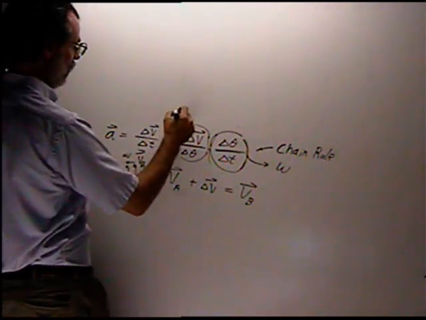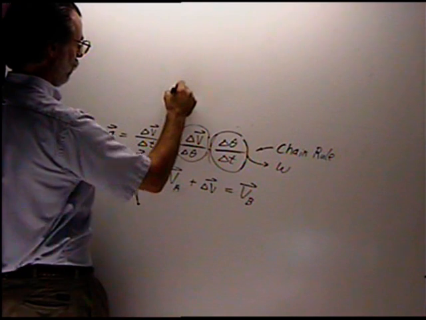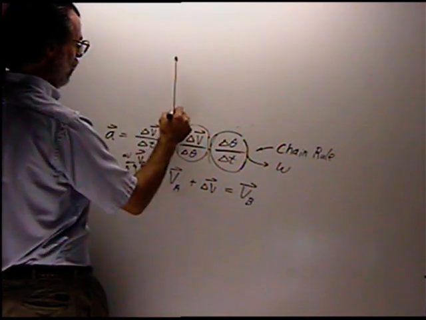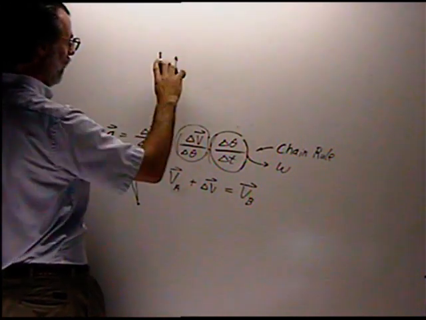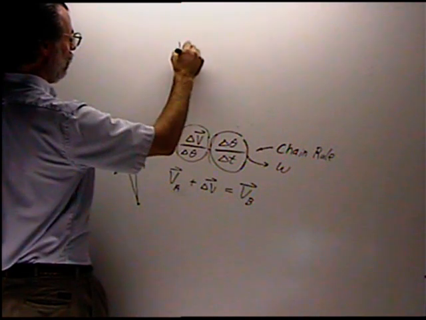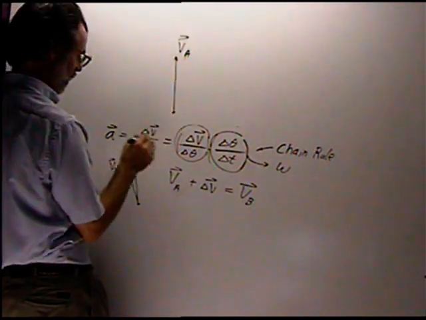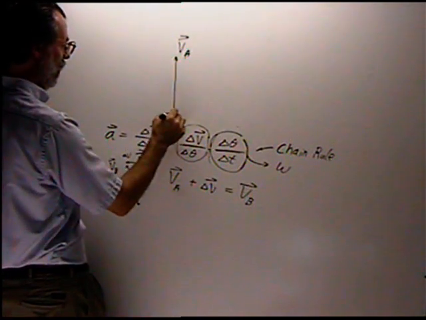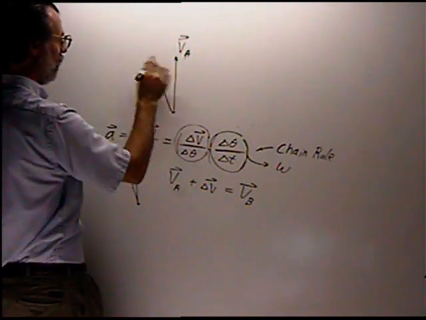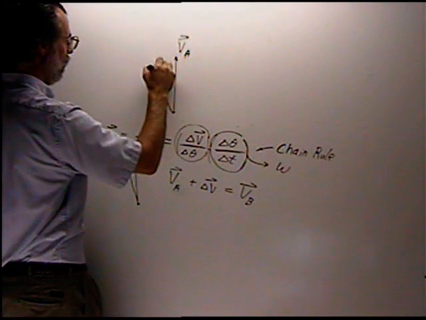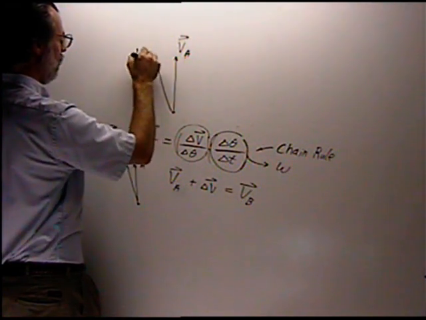What we really have is that at one moment in time, the rock has a velocity VA, that's the tangential velocity. Then at another moment in time, it has a velocity VB.